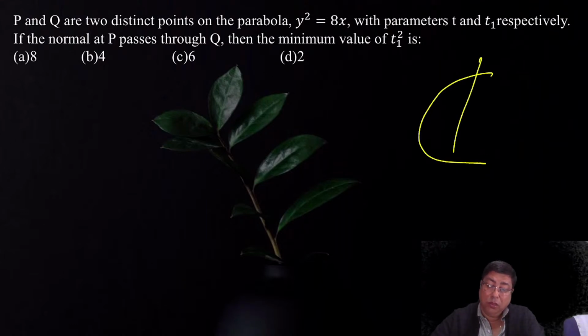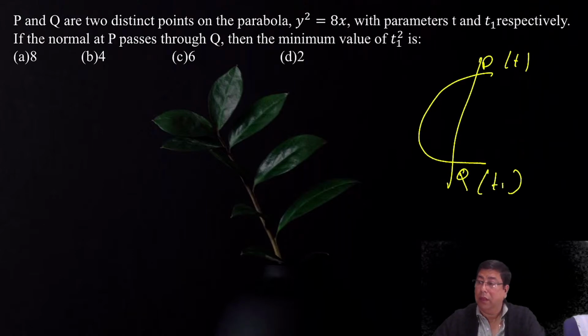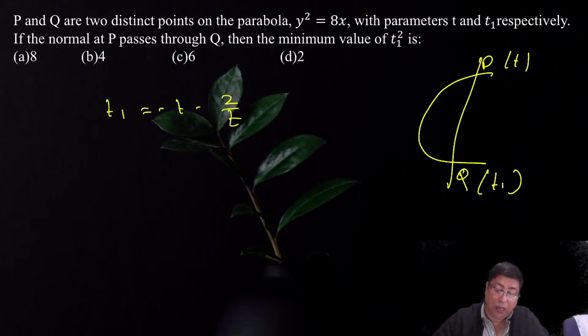This concept. So in this case, this is P, this is Q, and one is t, one is t1. What is the t? So we can say here that t1 equal to −t − 2/t. So t1² equal to, if we do the whole square, t² plus 4/t² plus 4.